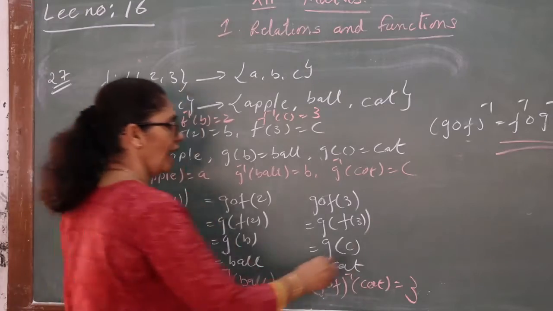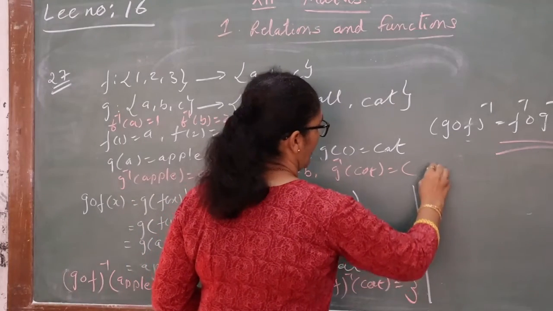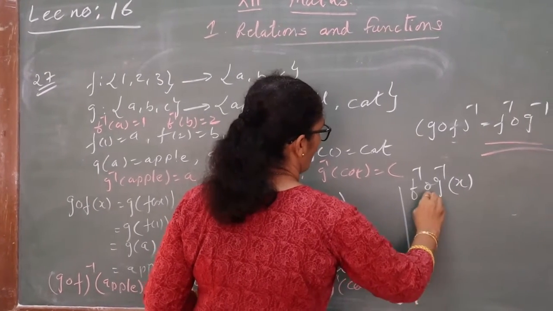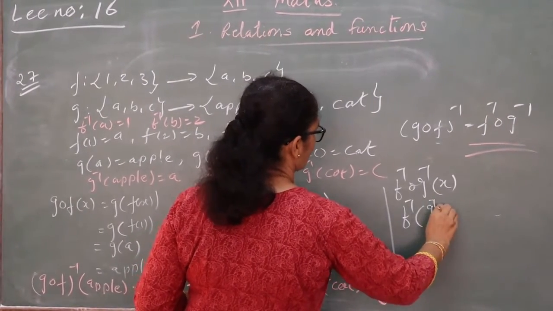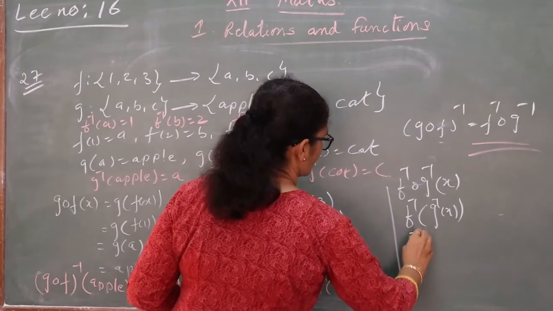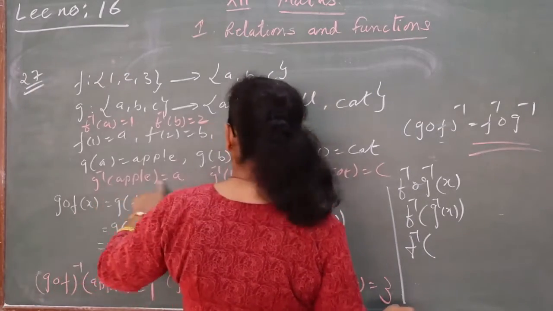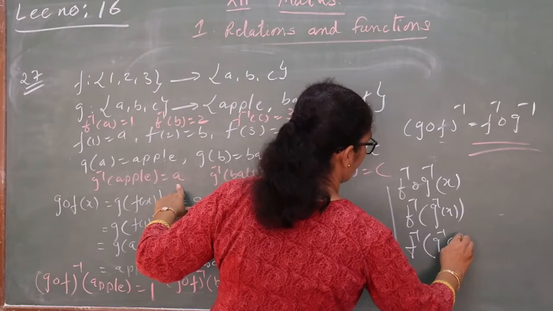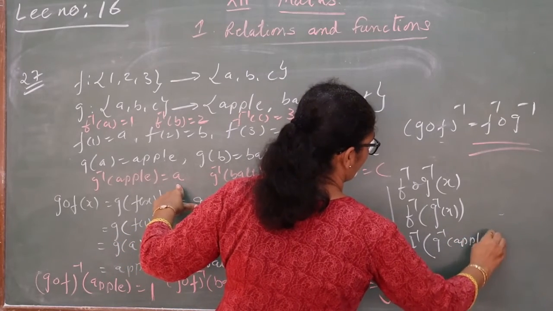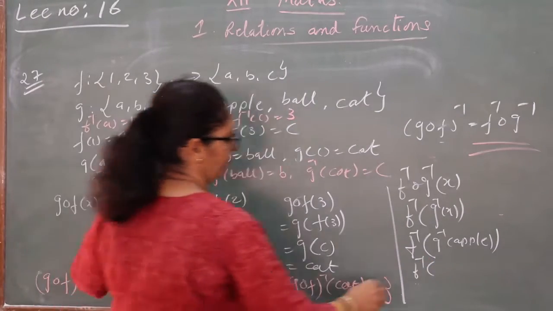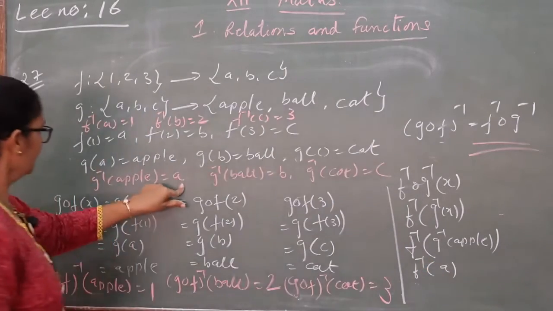Now, let us come to F inverse over G inverse of x first. So, what is your F inverse over G inverse? G inverse we have to start with. So first for apple, G inverse apple. What do you get? F inverse for apple, what do we have? A. And what is your F inverse A?